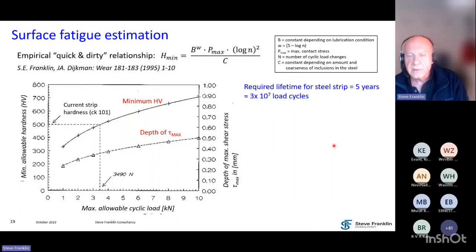So this tells us a relationship between the minimum hardness of steel and a constant depending on the lubrication condition.